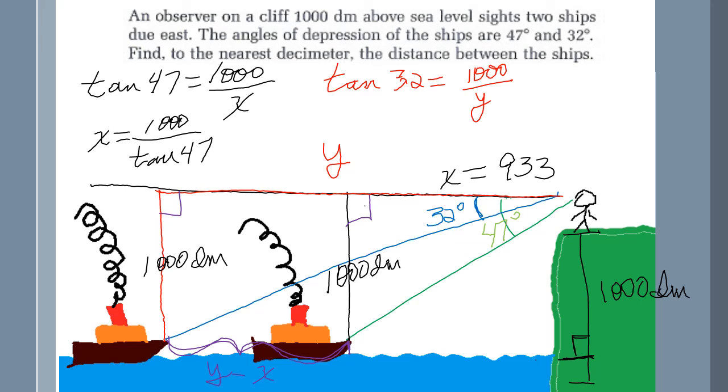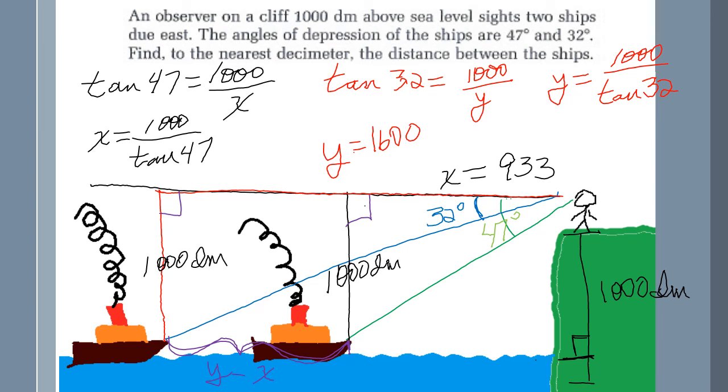So y is equal to 1,000 divided by tangent of 32. So again, we plug it into the handy dandy calculator, 1,000 divided by tangent 32. And I got 1600.33, so y is equal to just 1600.